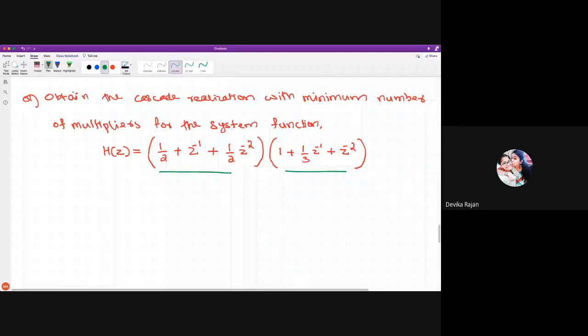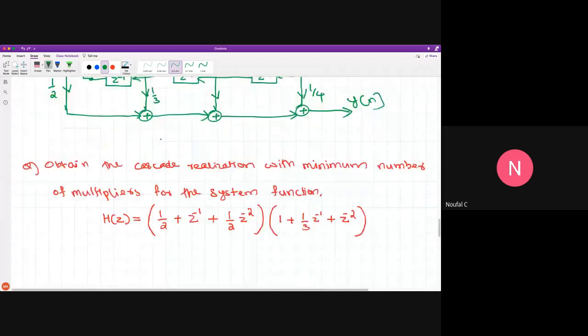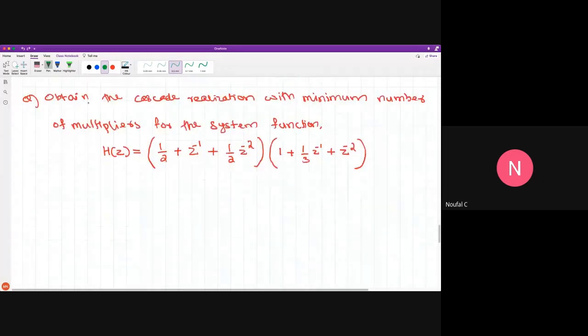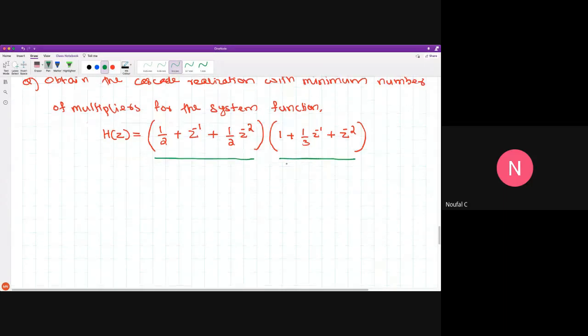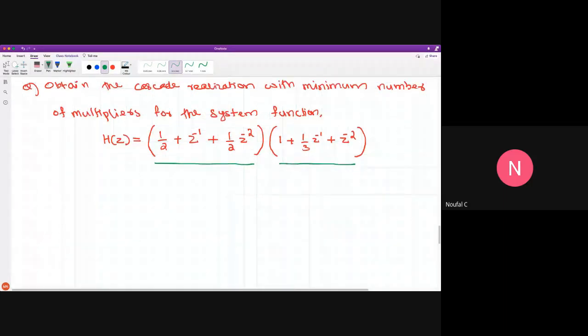No. I mean, okay, so all right, you look at the first polynomial. So you just take the first polynomial alone. Can this polynomial be realized using a linear phase realization? Devika again. Yes. Okay, what about the second one? The second one alone? Yes. Okay, these two polynomials individually can be realized using linear phase realization.